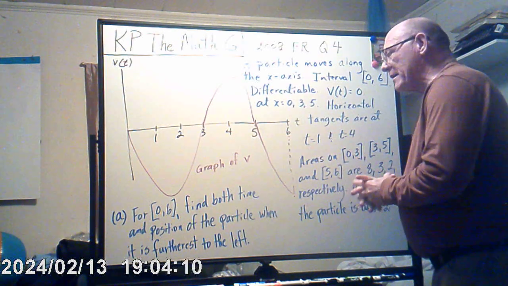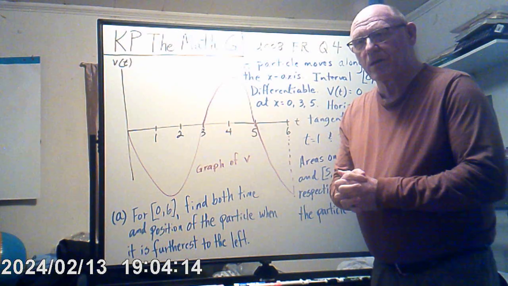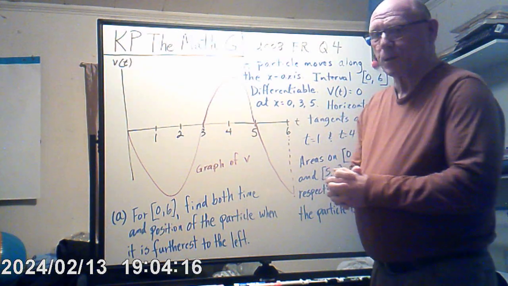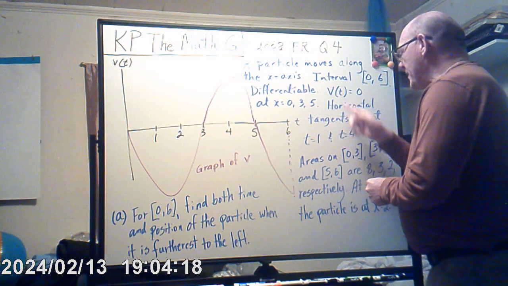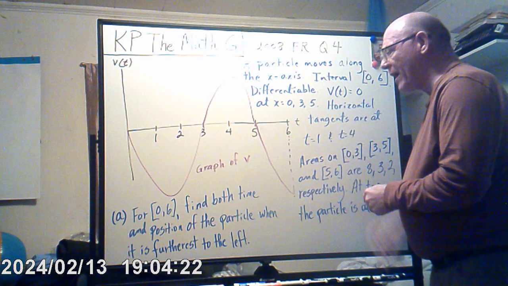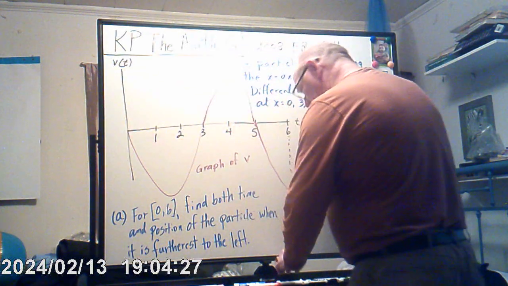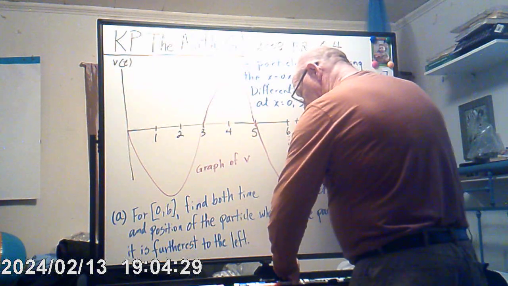It's differentiable, which means that it is continuous. That's important. V of t is equal to 0 at t equals 0, 3, and 5. That's obvious from the graph where it crosses three times.